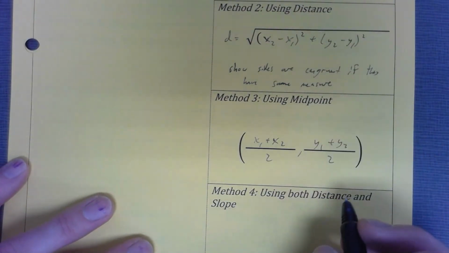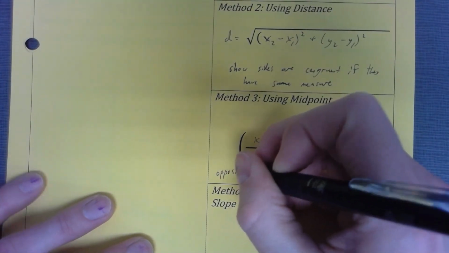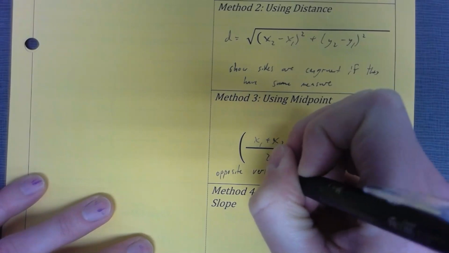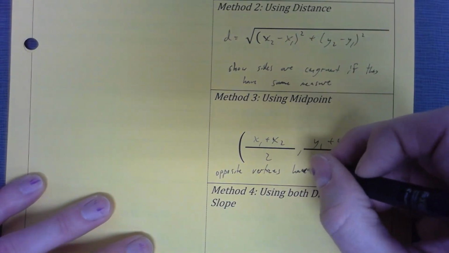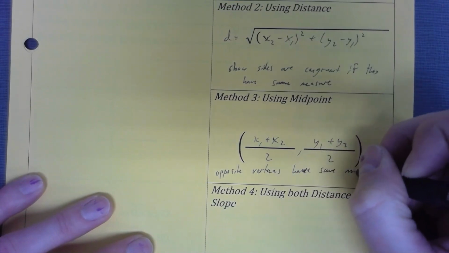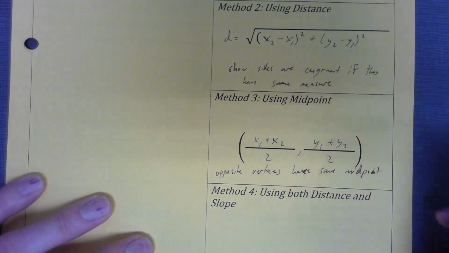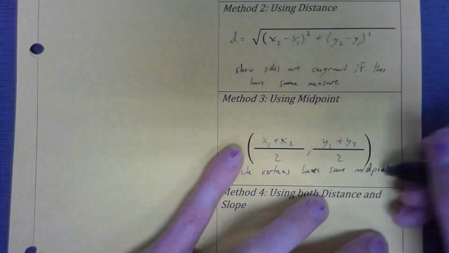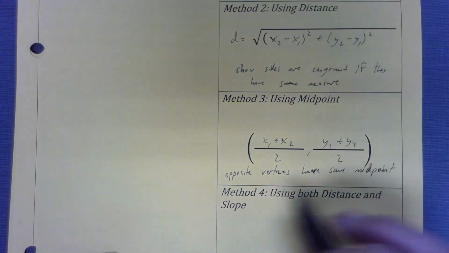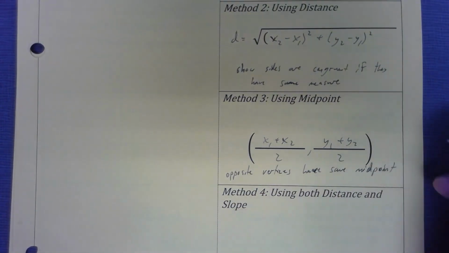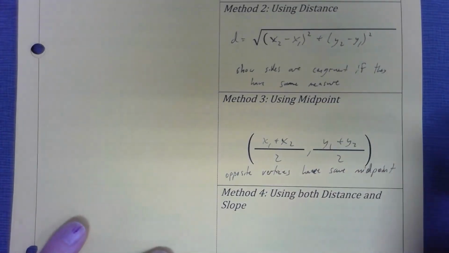This is a location. So if the opposite vertices have the same midpoint as the other pair of opposite vertices, then the diagonals are bisected.